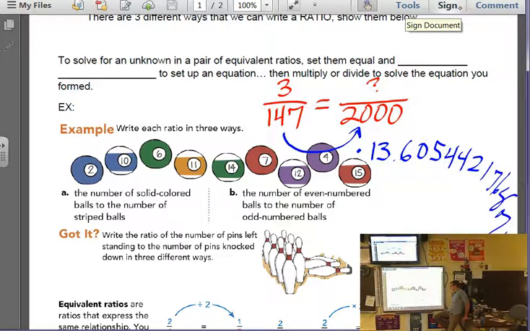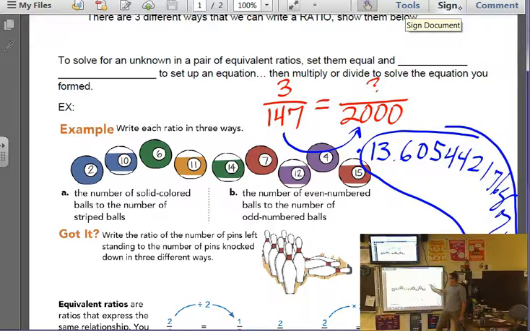Your screen goes backwards. So then I would have to take this value and multiply the 3 by that to figure out this. This is convoluted.